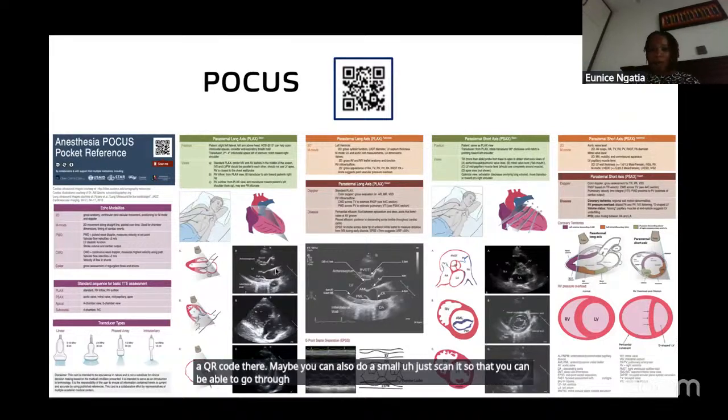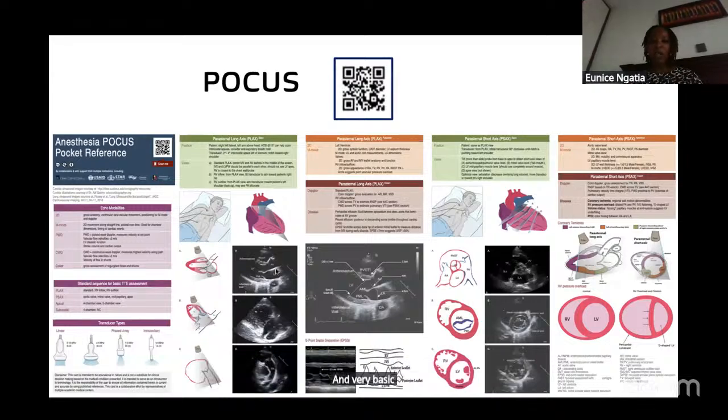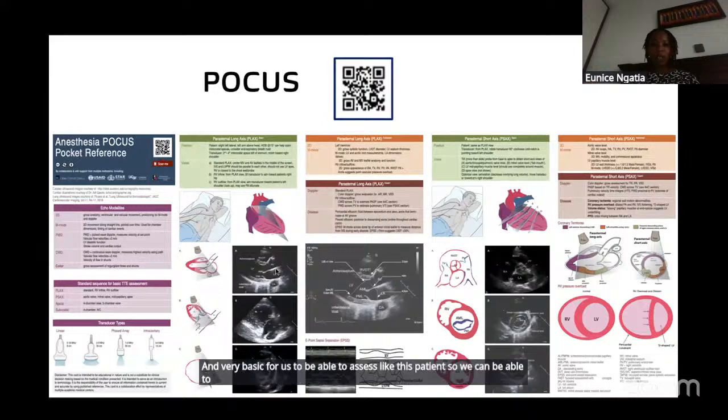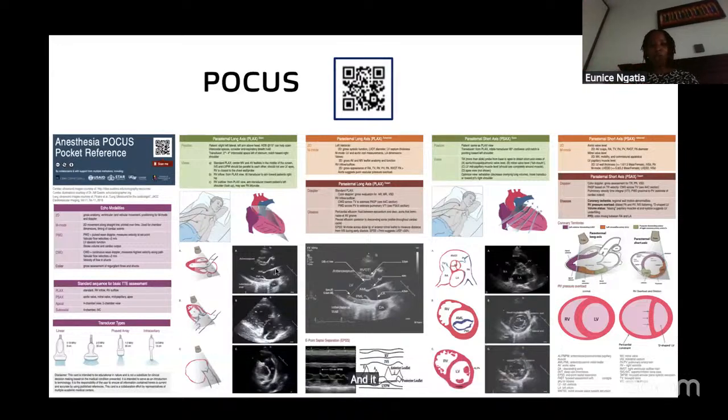The main thing in this first slide is that we have some basic cardiac views that are very important and very basic for us to assess this patient, so we can easily tell and differentiate what is causing it, is it either obstructive or is it cardiogenic? And it can easily guide us in how to manage this patient.